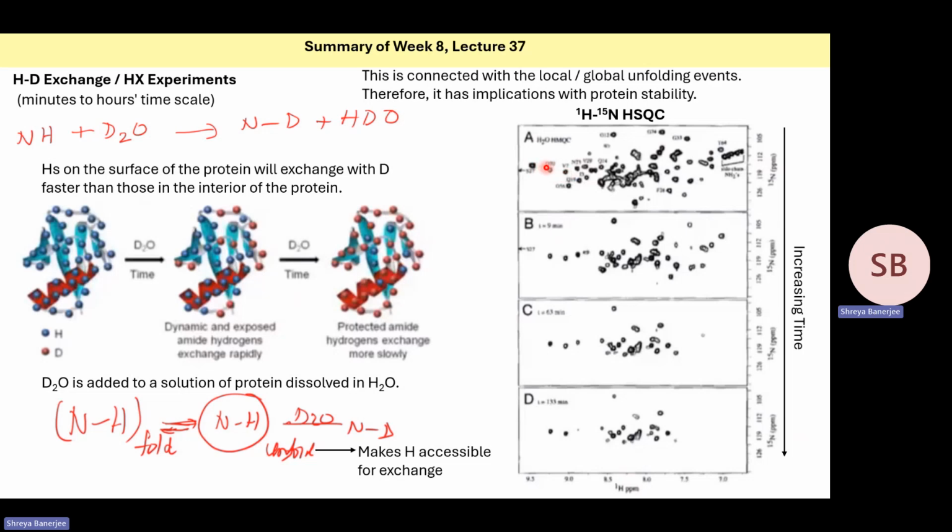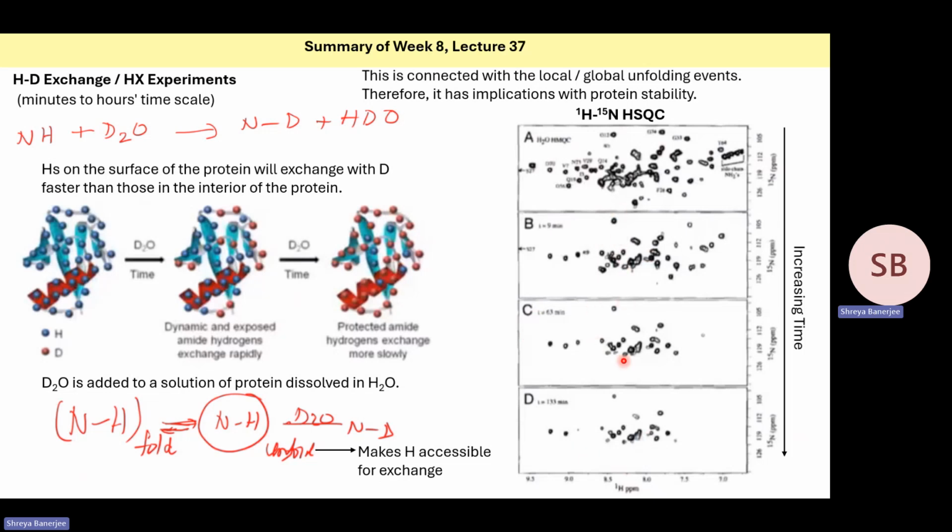So basically, if we don't consider amino acids with amide protons in their side chains, each peak corresponds to one amino acid, and there are so many amide protons initially. As time goes, the number of peaks starts decreasing, because more and more of the amide protons are getting replaced by deuterium. As it is replaced, that peak disappears, because deuterium is NMR inactive. So as you allow time to pass, the number of peaks will decrease.